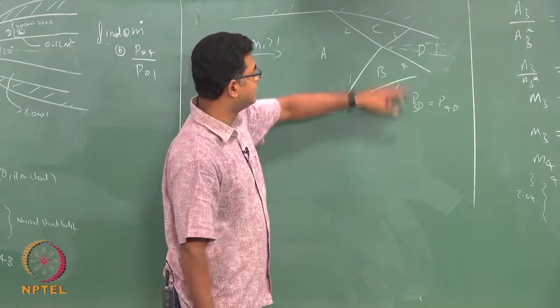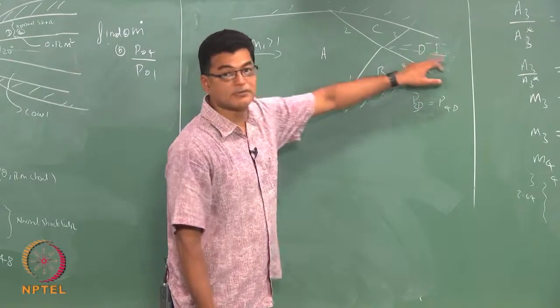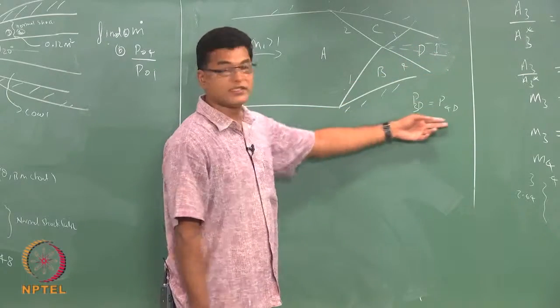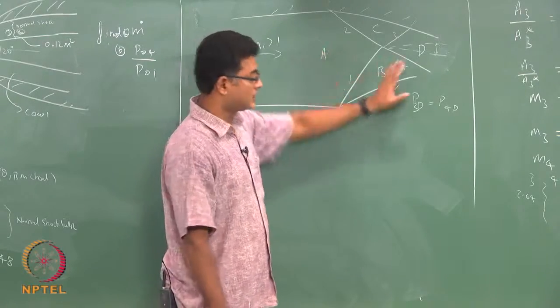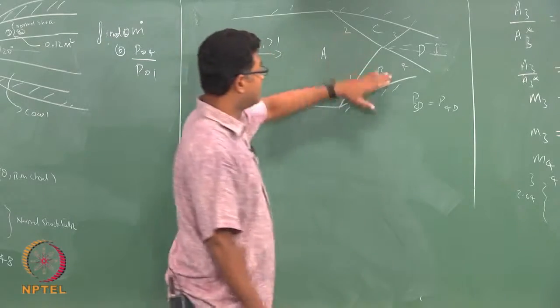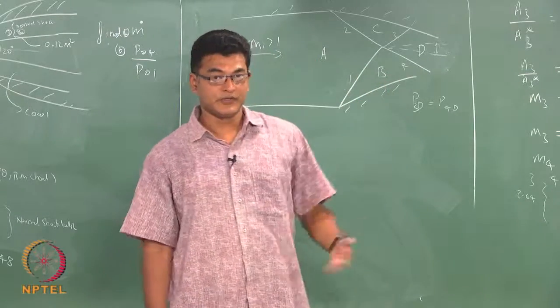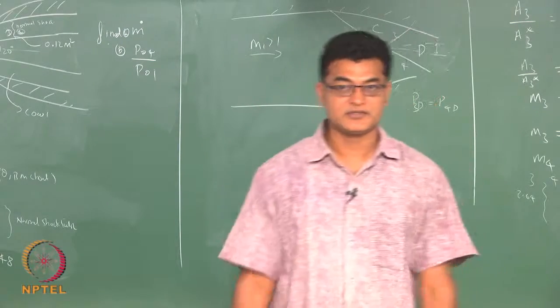Pressure due to the third shock and pressure due to the fourth shock in the slip plane is the same, and the velocity is in the same direction. So, you have to do this iteratively. We are not trying to do that numerical problem here, but it is possible to evaluate that if we have enough time or a computer with us. Okay.